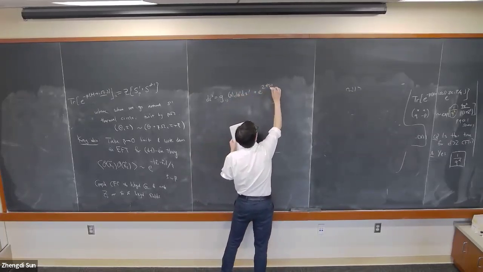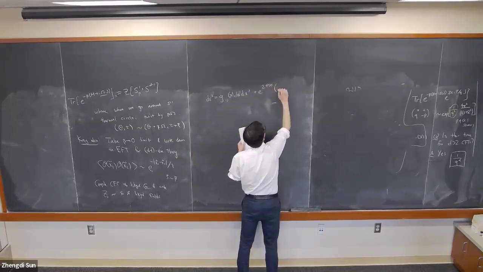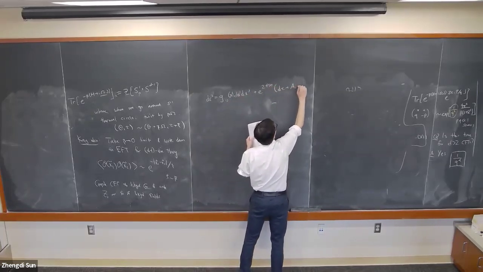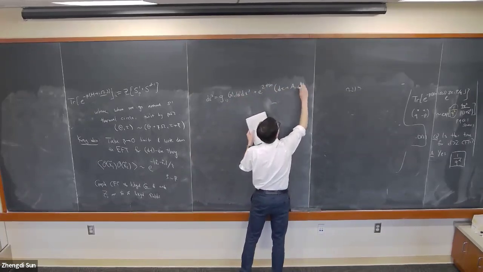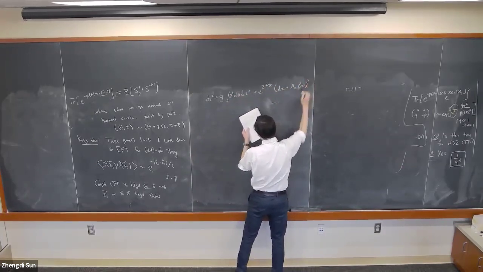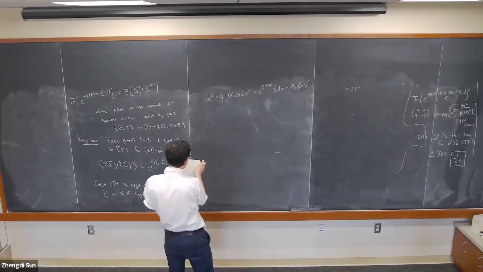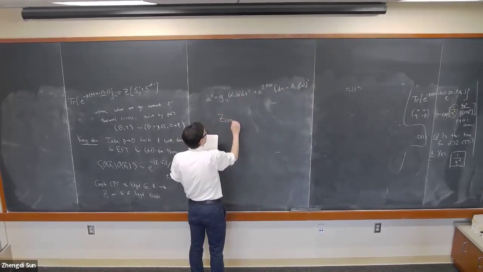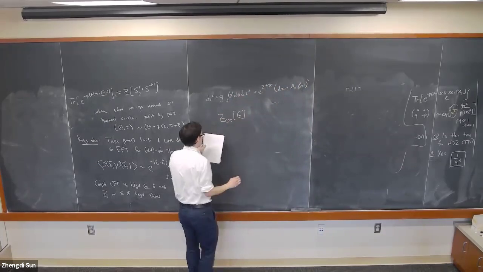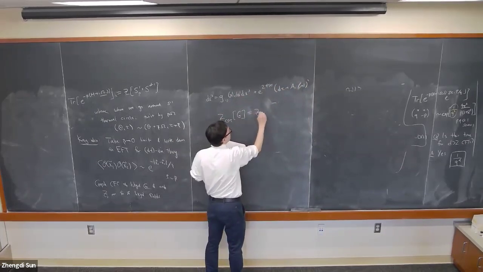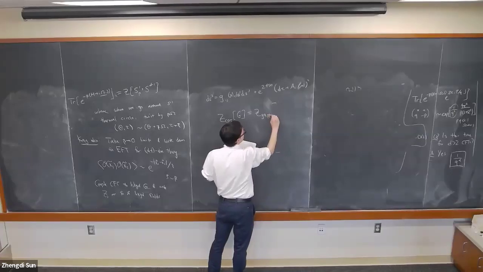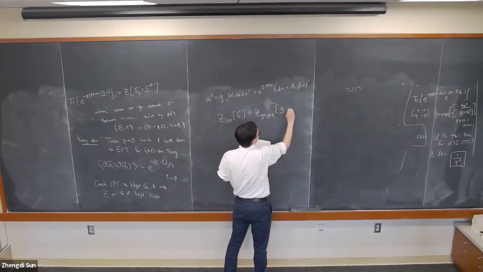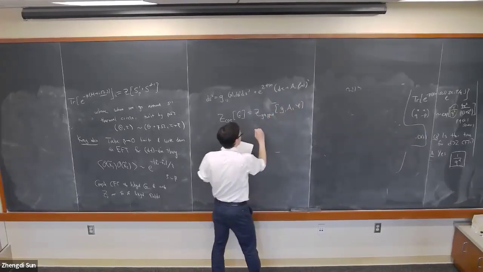Now another d-1 dimensional metric, a gauge field and a dilaton. We're going to say that this CFT as a function of this metric G is the gapped theory as a function of the metric, the gauge field and the dilaton.